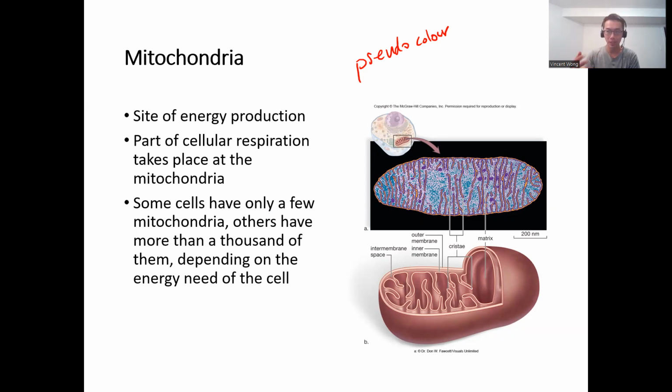Okay, but we can use dyeing techniques to color some of these things, and sometimes you color them in post, like post-production. After you take the picture, you can use software to highlight different parts of the structures of the cell, of the organelles. So they're not actually purple, but that's what it is.